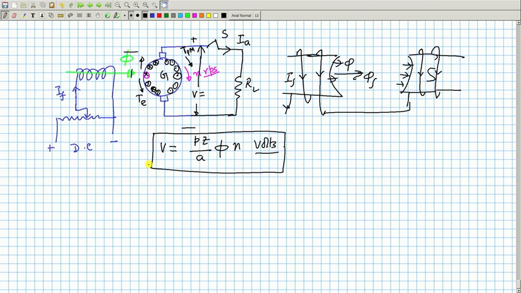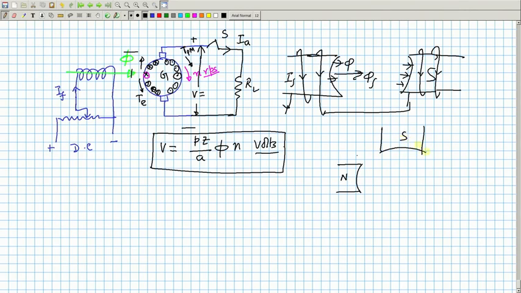So, to find that out, what we will do is this: we consider suppose a 4-pole machine, just for the sake of it, you imagine, very interesting calculation from the fundamental we will do.